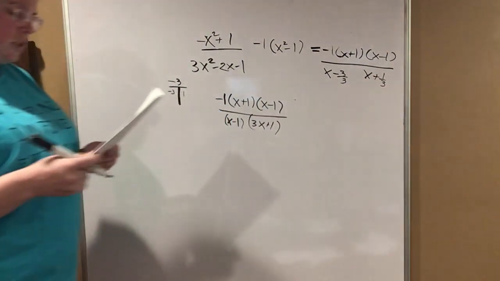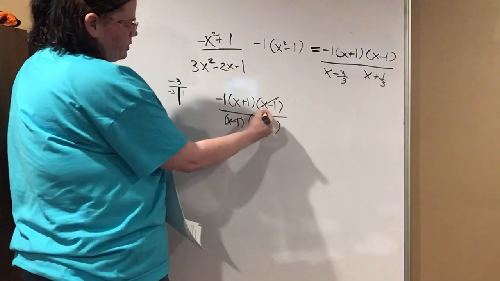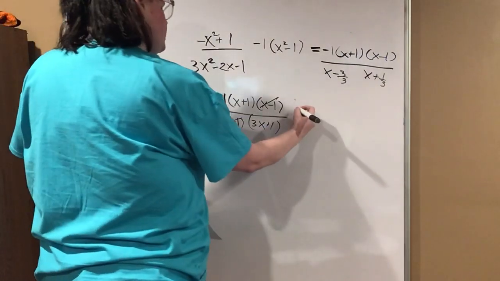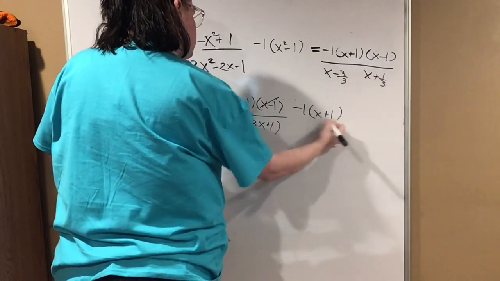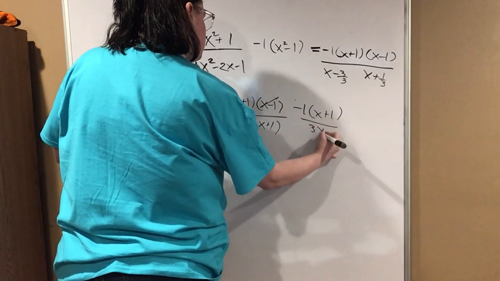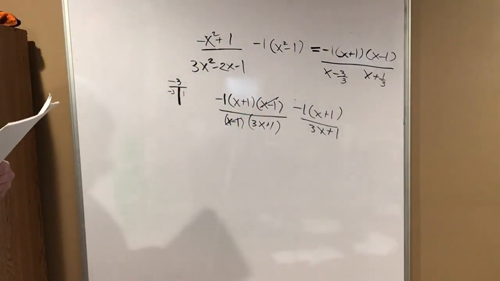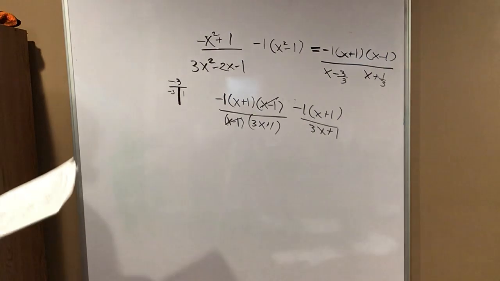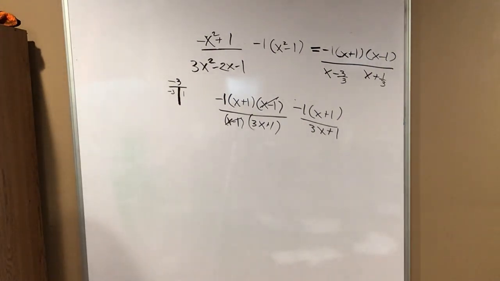So now, let's just cancel out what's common. So my answer is negative 1 x plus 1 over 3x plus 1. And there's nothing else I can do. So that's my answer to that rational expression.